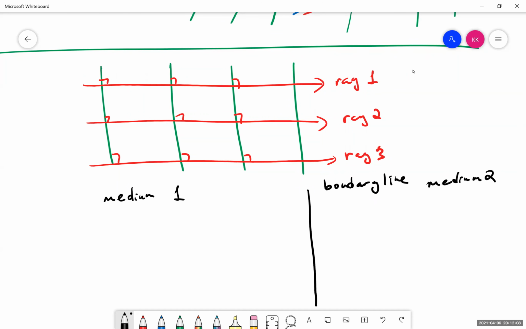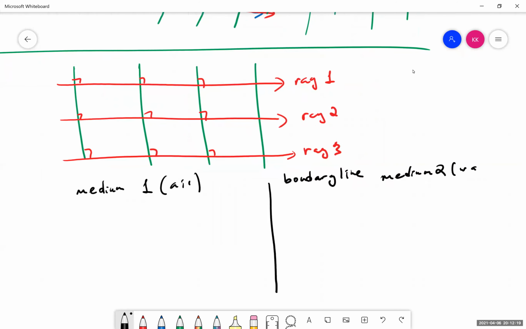Let's assume, for example, medium 1 is air, and medium 2 can be water or glass, something that has a different density. We can always assume that vacuum and air have basically the same properties.